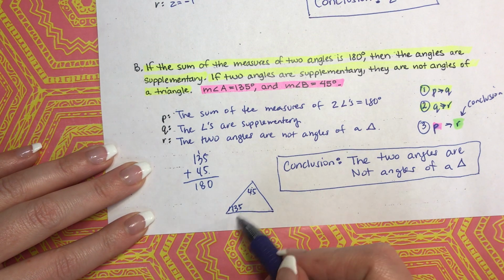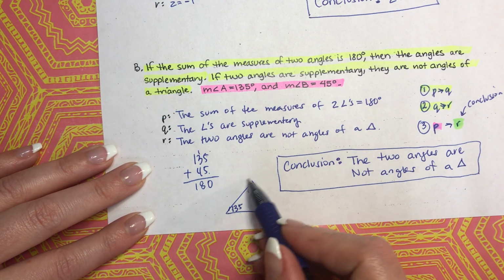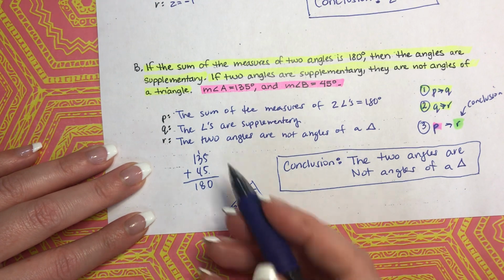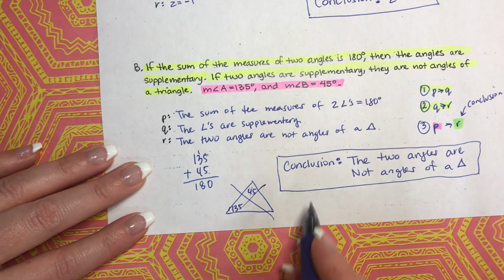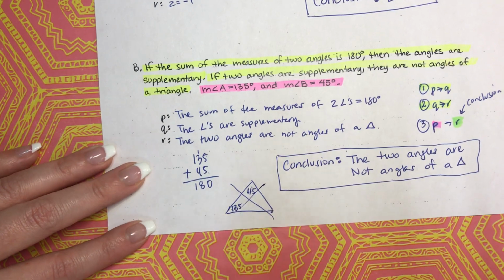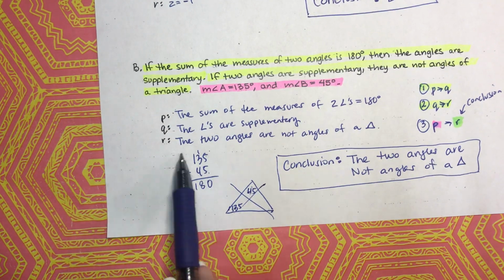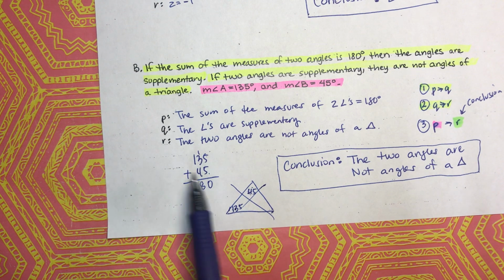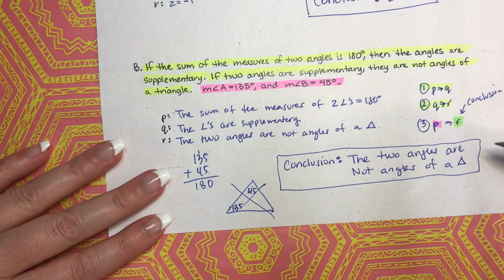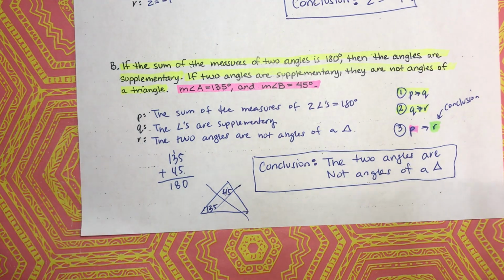So since these were angle hogs and took up the whole 180, there's no degrees left over. So this will never be a triangle, because you have to have three numbers that add up to 180, and these are just two. Those are supplementary angles, but they aren't angles that can be in a triangle. So that's the reason why. Okay, so there we go, that's C.